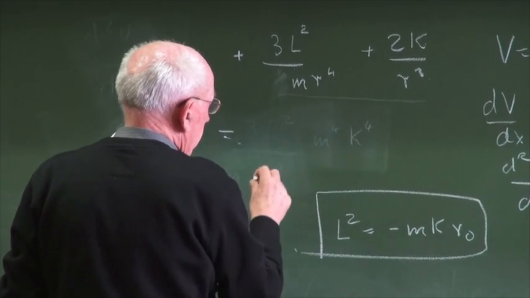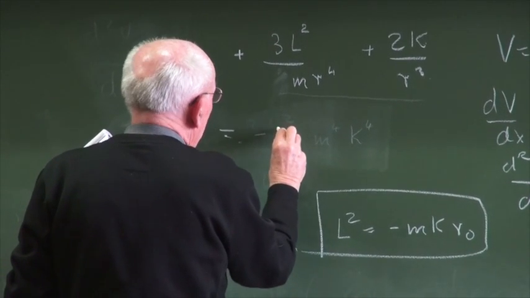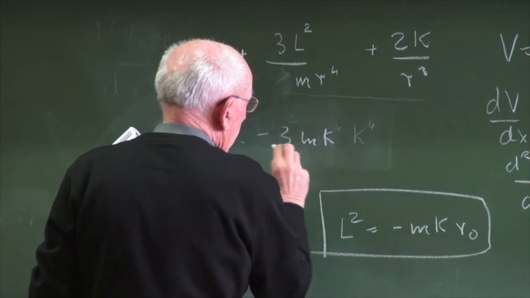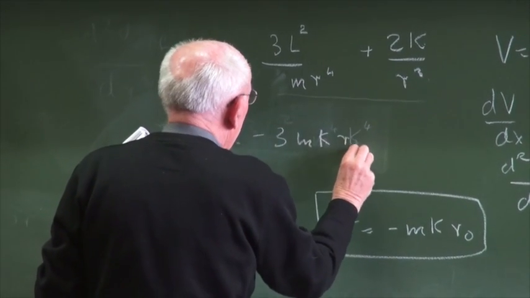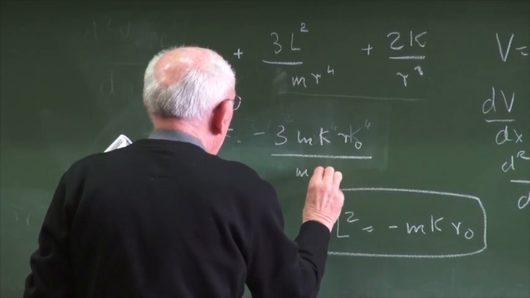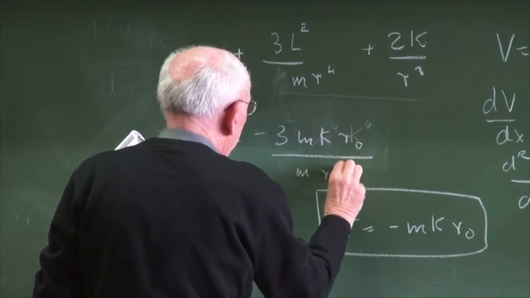So for L squared, I put in minus mkr0, and underneath I have m r0 to the fourth.